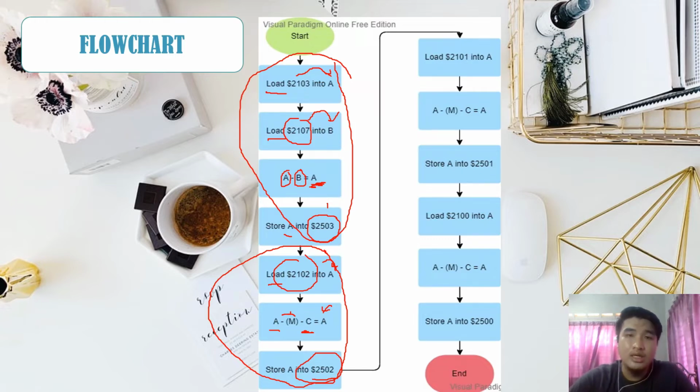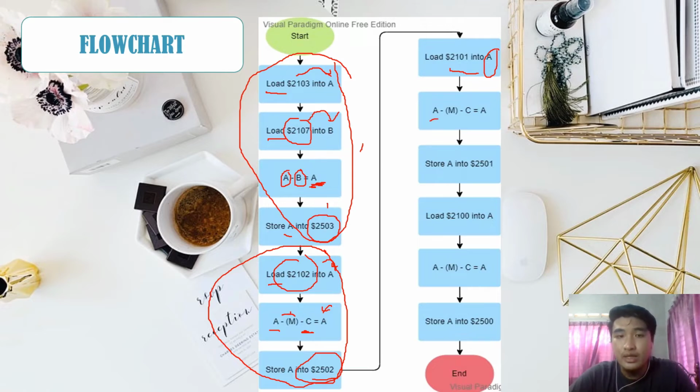Actually the next operations will be the same as these two, because the system is quite simple and straightforward. Next we load $2101 into accumulator A, and then we use SBCA again.